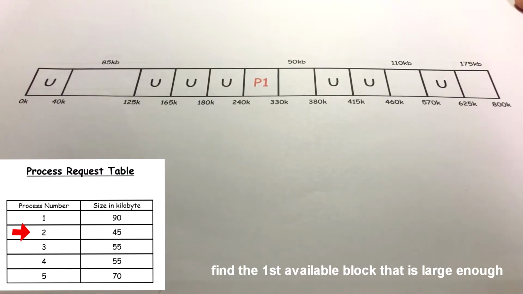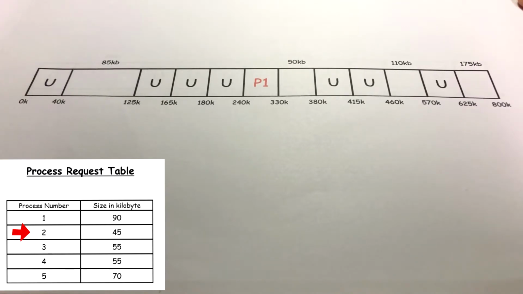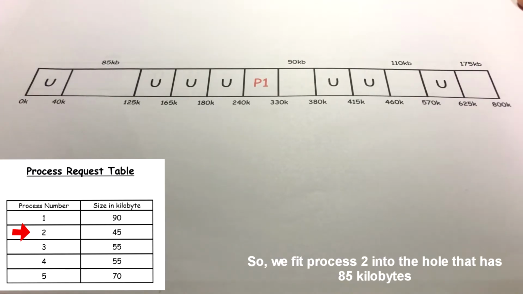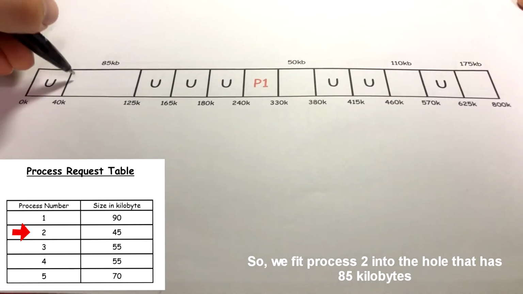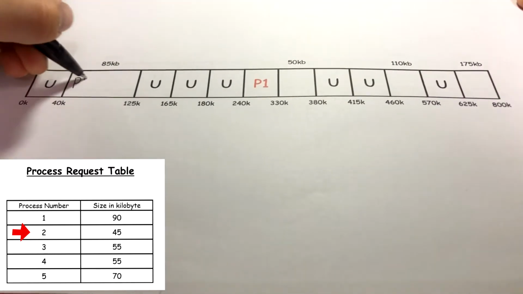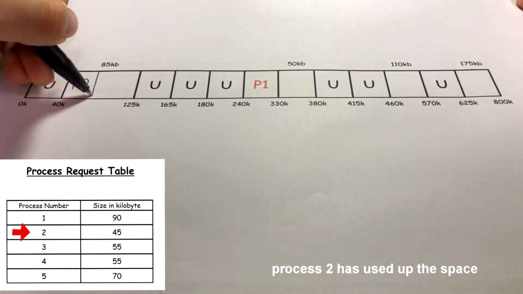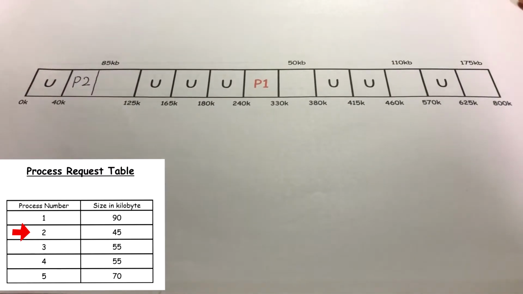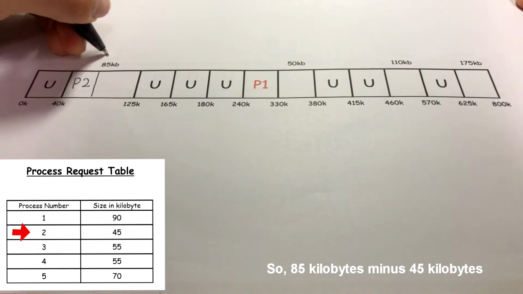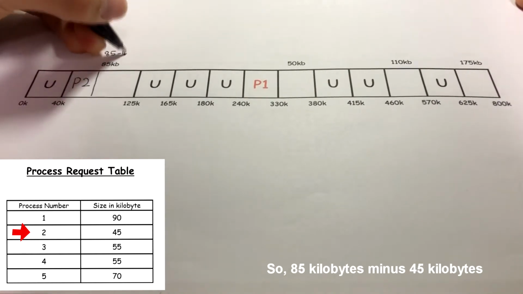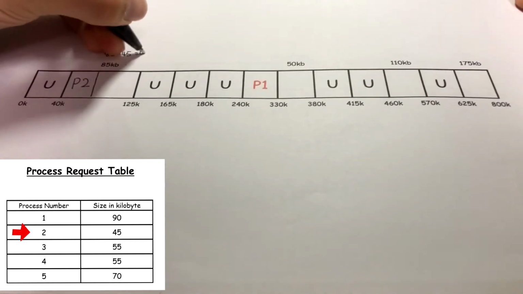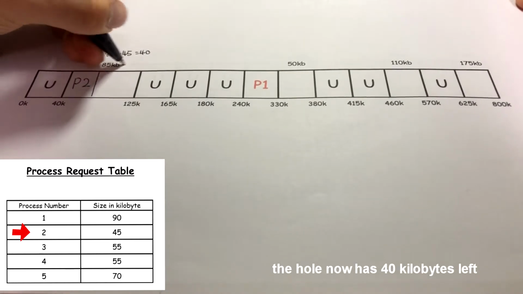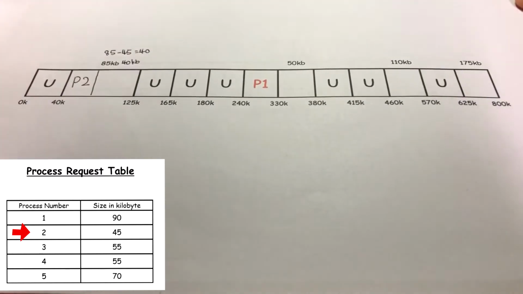Find the first available block that is large enough. So we fit process 2 into the hole that has 85 kilobytes. After the placement, process 2 has used up the space. So 85 minus 45 equals 40.